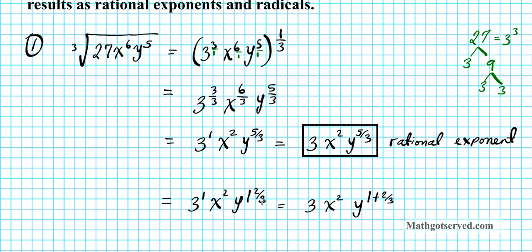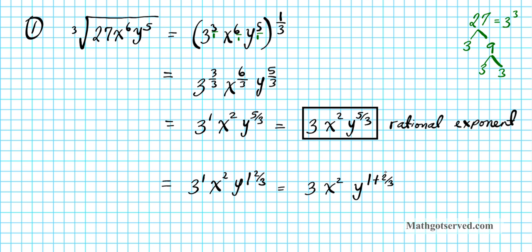Okay, we know 1 plus 2/3 is 1 and 2/3, which is 5/3. Now if you think about it, there's a property that results in the sum of the exponents. What property is that? Well, that is the product of powers property. So we use a reverse of the product of powers property.